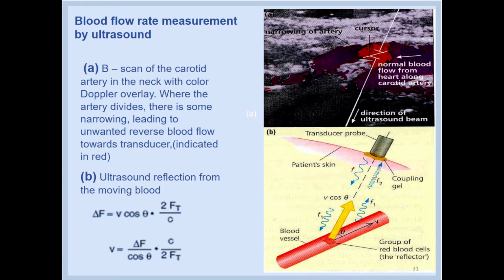In the photo, the carotid artery in the neck B scan is shown. The carotid artery is shown here, this artery.